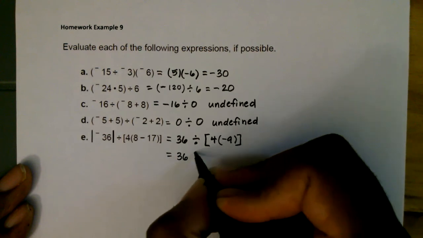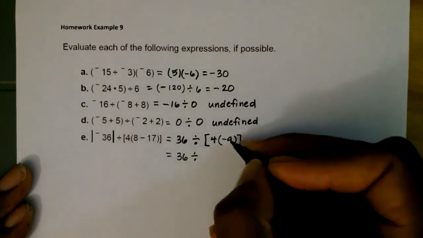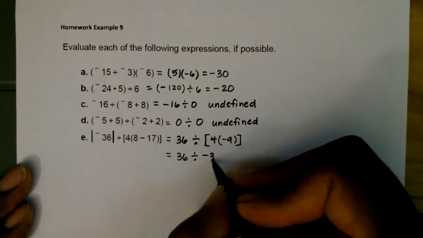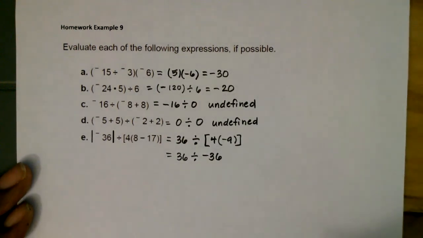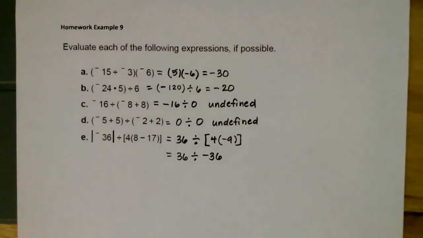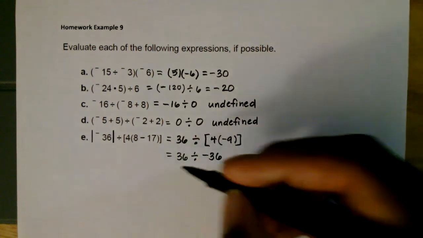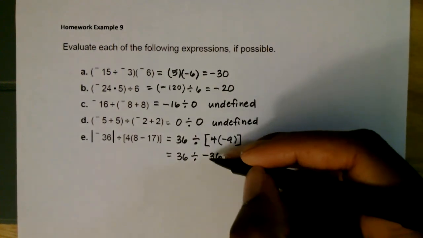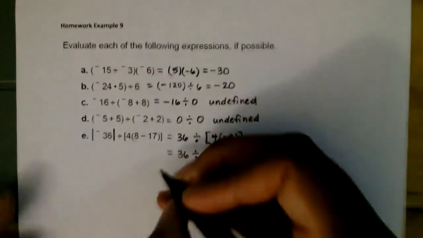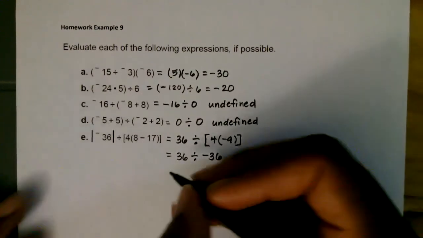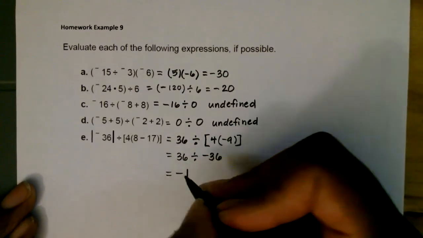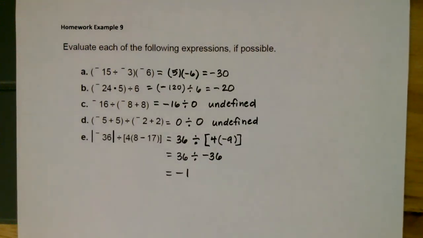Now, 36 divided by 4 times -9 would be -36. Again, we're multiplying two integers with different signs, so the answer would be negative. And here we're dividing two integers with different signs. 36 divided by -36 is -1. So the final answer there would be -1.